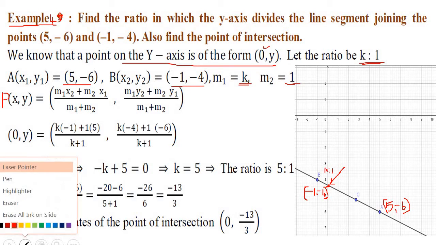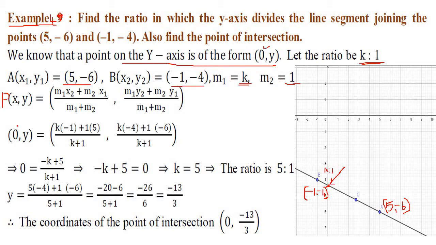So 0 corresponds to the first coordinate and y corresponds to the y-coordinate. Let us equate these. So 0 is equal to (-k plus 5) divided by (k plus 1). Let us cross multiply.